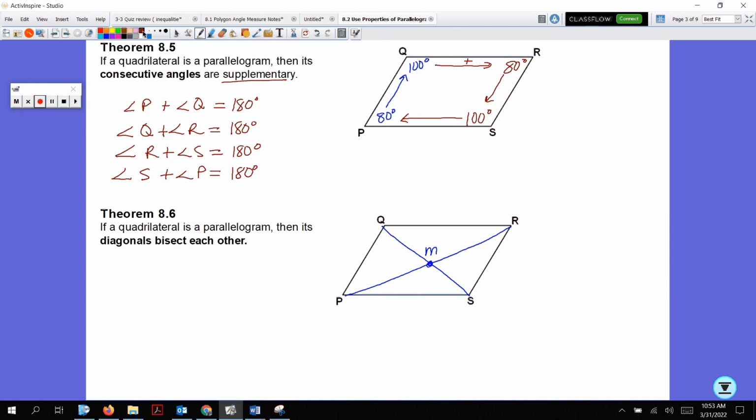So QM is congruent to SM, and PM is congruent to RM. Right, the diagonals bisect each other. That means they split in the middle.